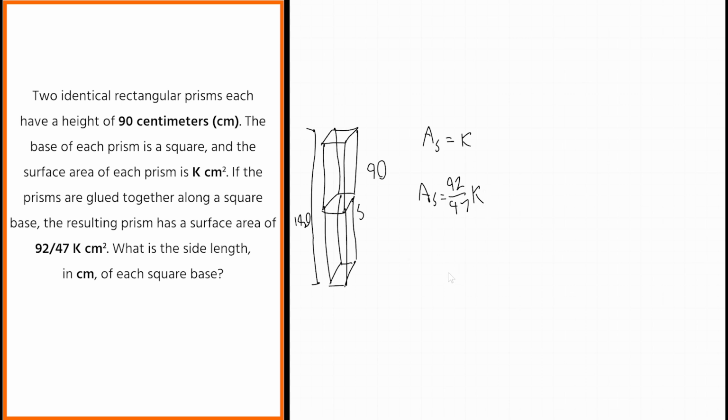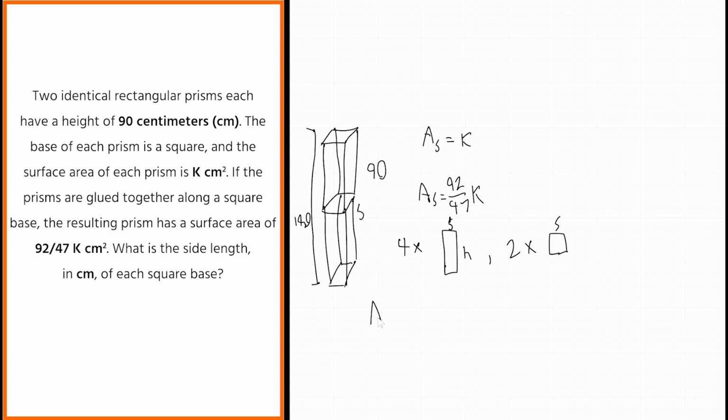Well, let's think about what the equation for this surface area of a rectangular prism is. If you remember, rectangular prisms have four rectangles, each with a height h and a width of s, where s is the side length of our square, and they'd each have two squares on each side, which would have a side length of s.